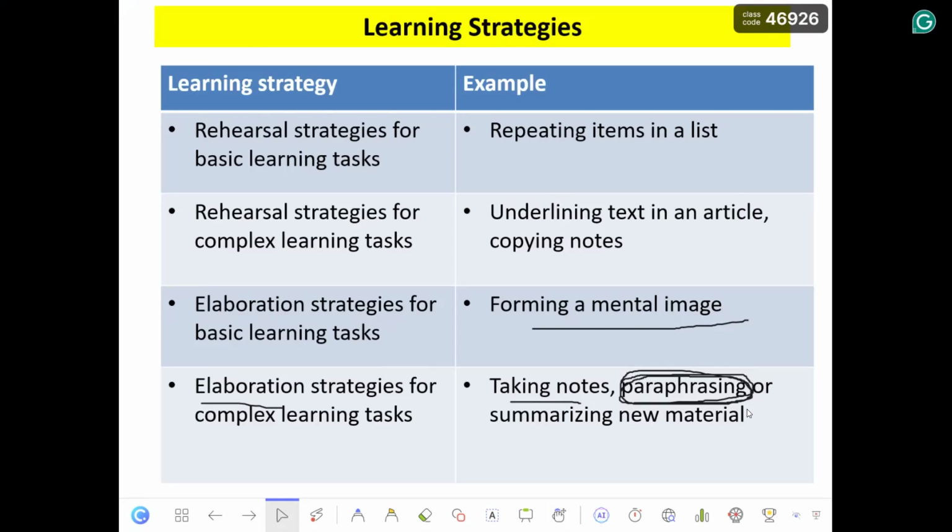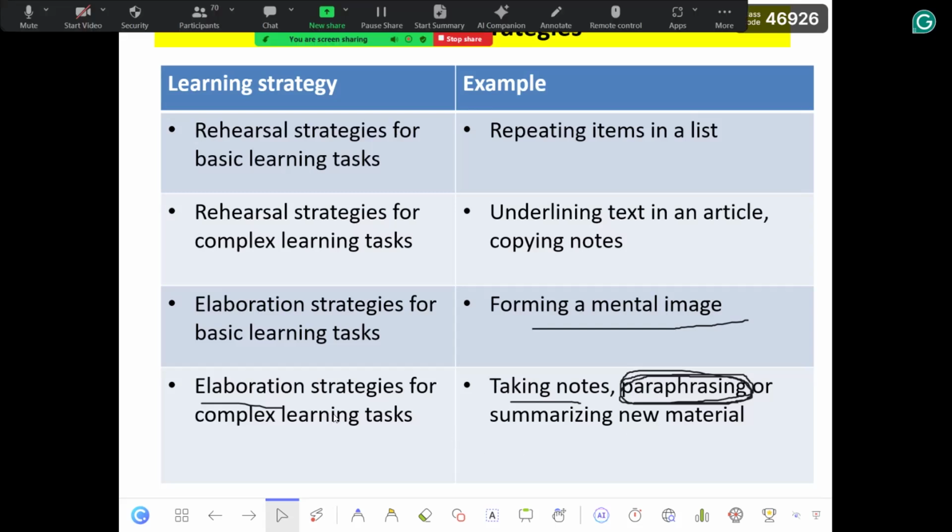So first you need to understand the content very clearly, otherwise you will write something else. So that is the elaboration strategy for complex learning tasks.